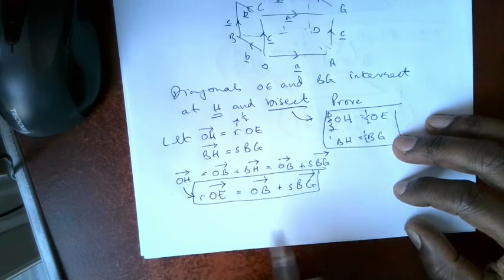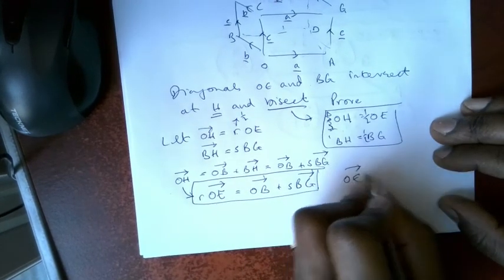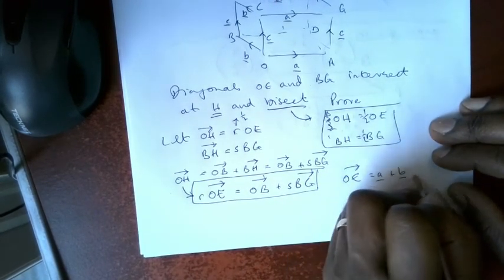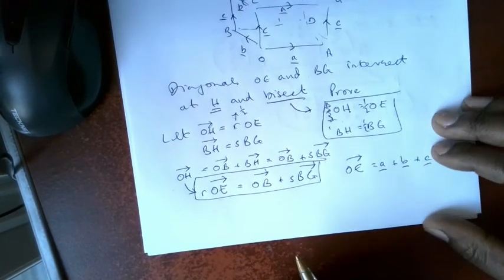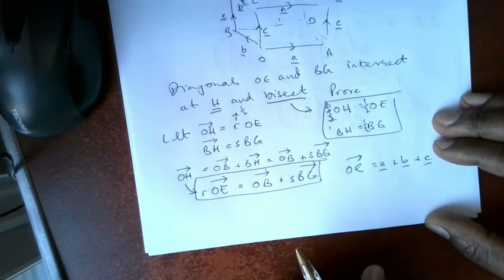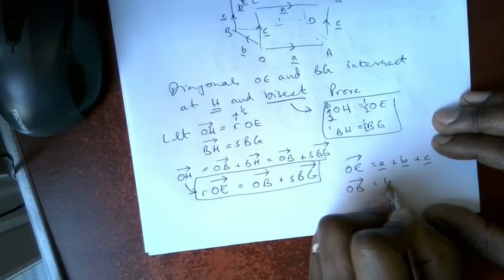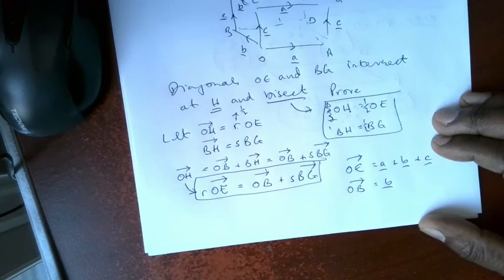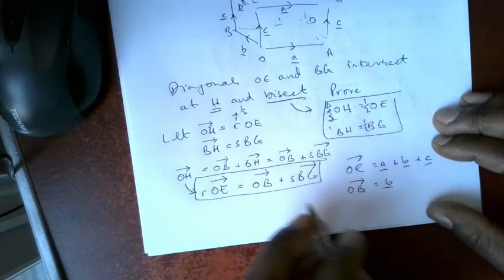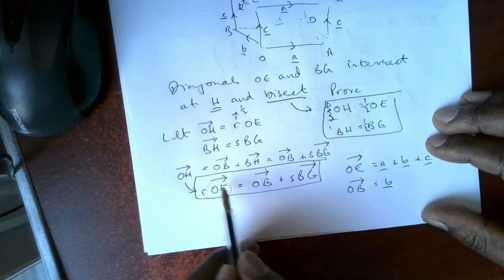So OE is just A plus B plus C, yeah, going along the edges of the cuboid. And O to B, well, that's just B. And B to G, so what I'm doing now is taking all of this stuff here.